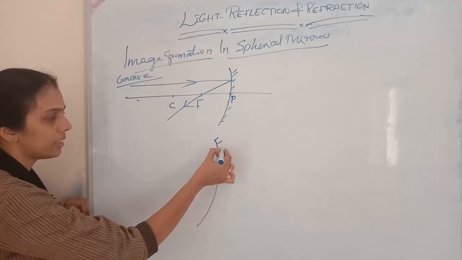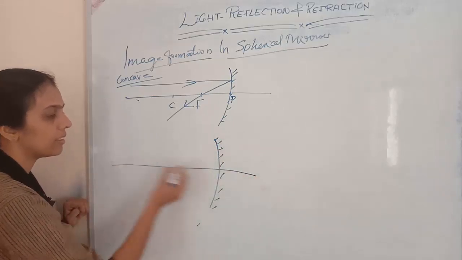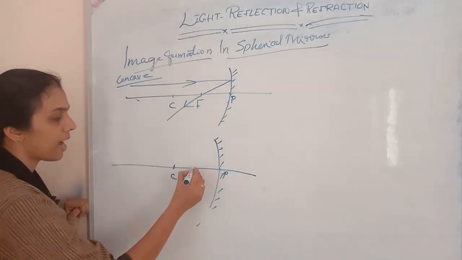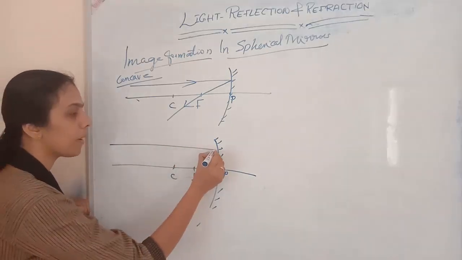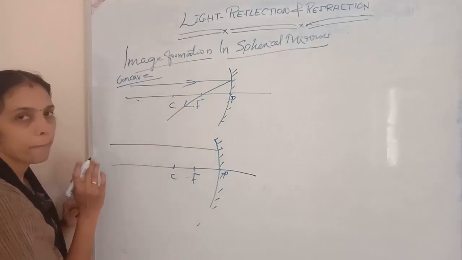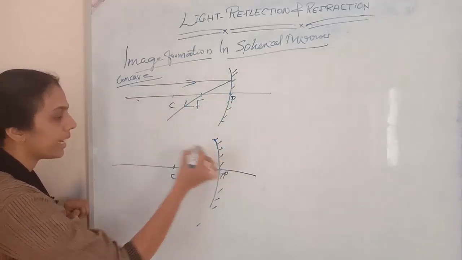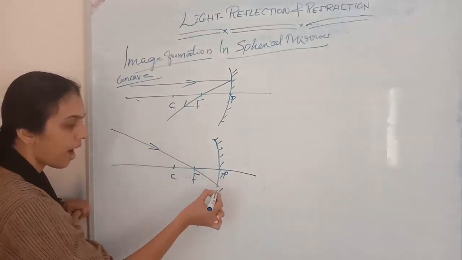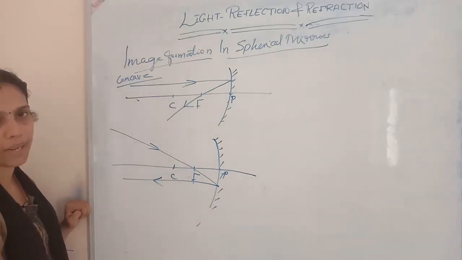Second one, if I am considering this as concave mirror, P, and this is C and exactly half of this F, then the rays which are passing parallel to the principal axis, how will they go? Through the principal focus. Next we should consider the next rule: the rays which are passing through the principal focus, after reflection will go parallel to the principal axis.